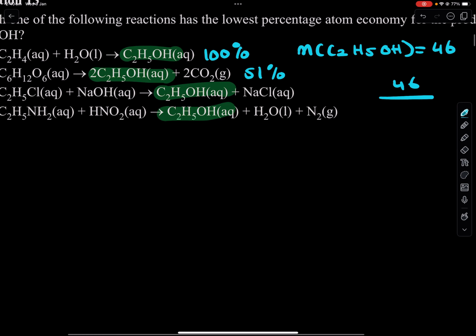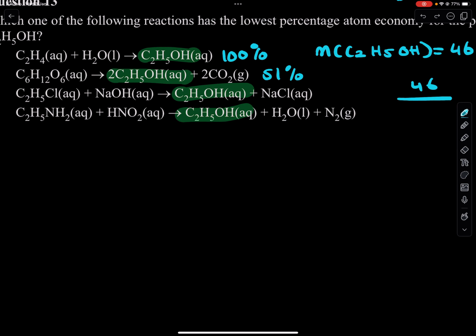That's your molar mass. What about this? Ooh, that's a long one. So how many carbons? We have 2 carbons, so 2 times 12, plus how many hydrogens? We have 6 hydrogens. Plus how many oxygens? We have 1, so it'll be 16.